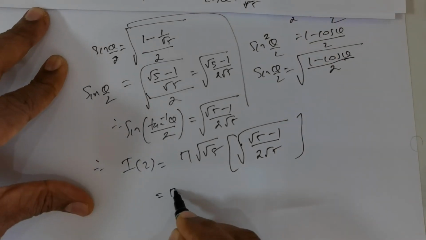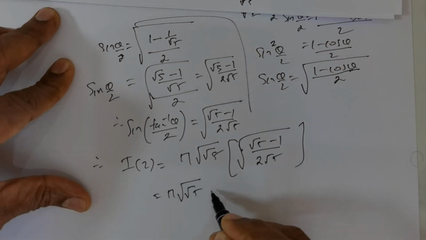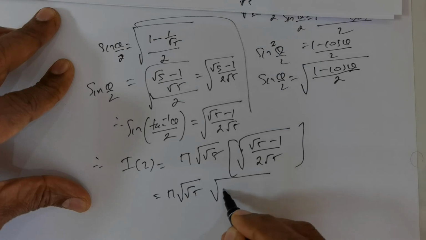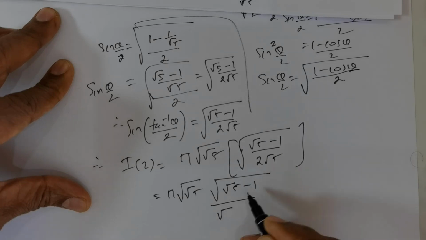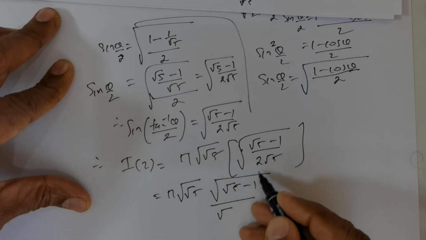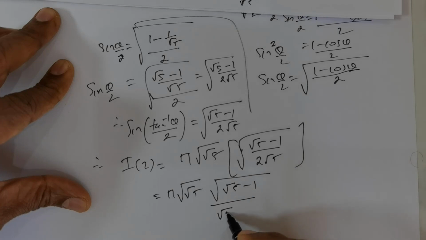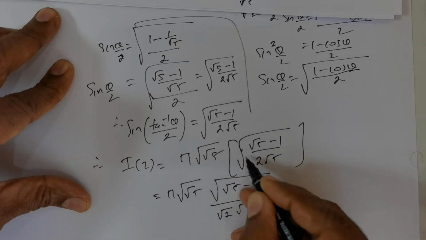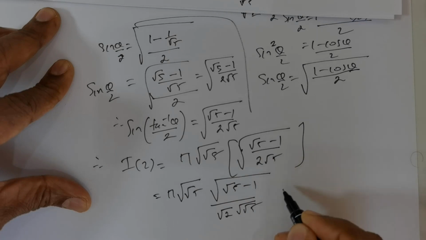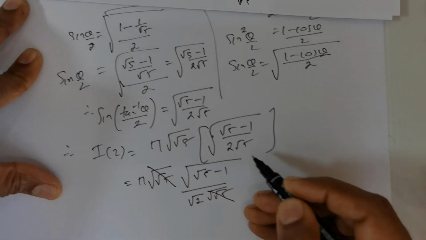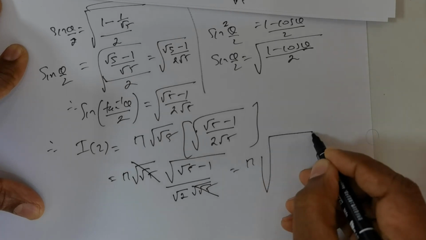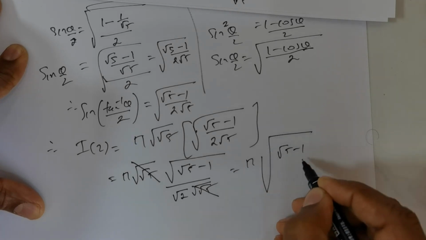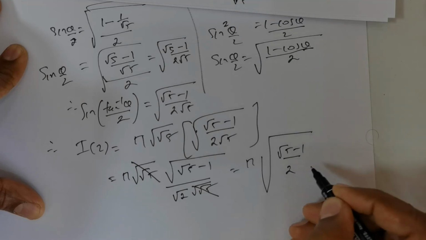Now this can be rewritten as pi times root of 5 and root of (root 5 − 1) divided by root of 2. In fact, I could have placed the root 2 there. It's okay. So it's going to be root of 2 times root of 5. So root of 5 gets cancelled, giving me pi times root of (root 5 − 1) divided by 2.